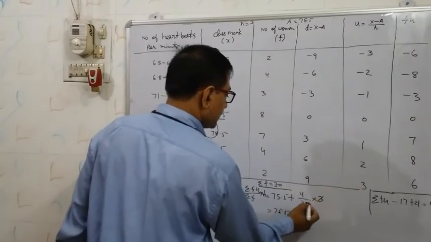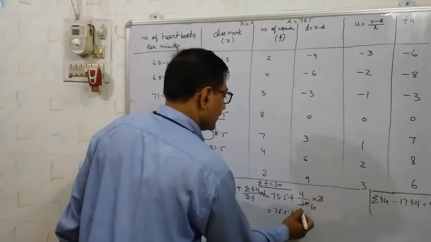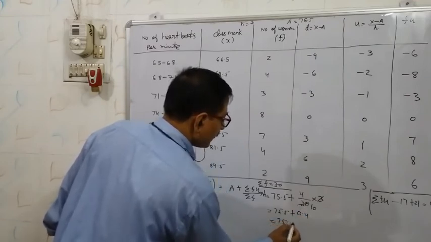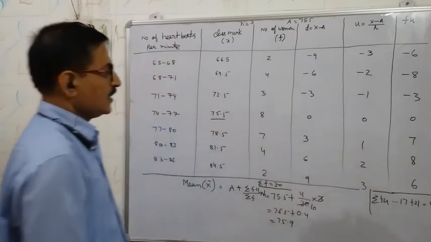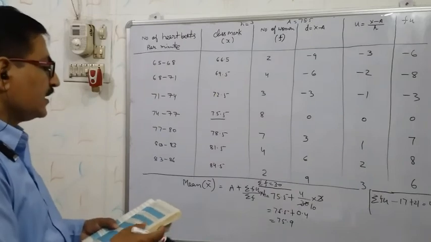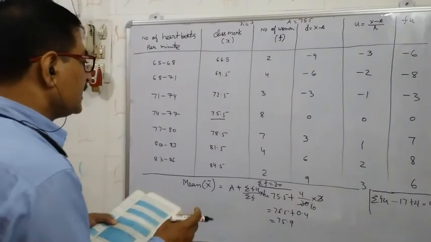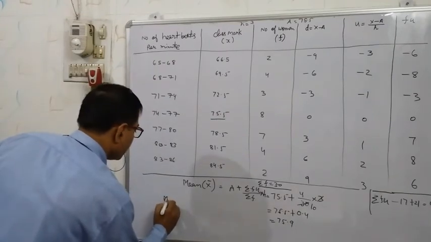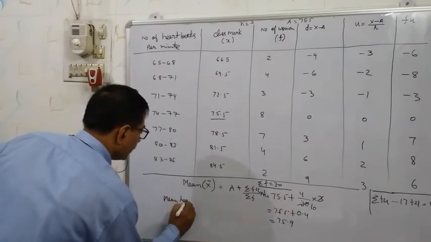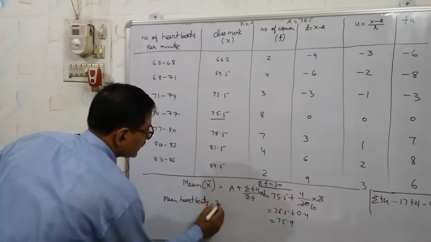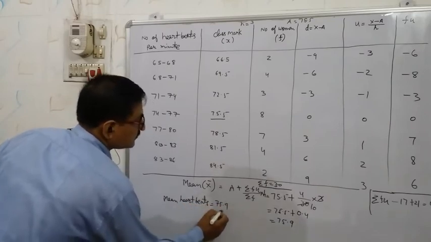So 3 into 4 by 30, that is 4 by 10, which is 0.4. This answer will be 75.9. Now this is correct. So 75.9 is the mean. To find the mean heartbeats, the mean heartbeats equals 75.9. This is your answer.